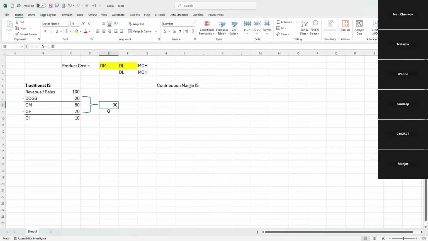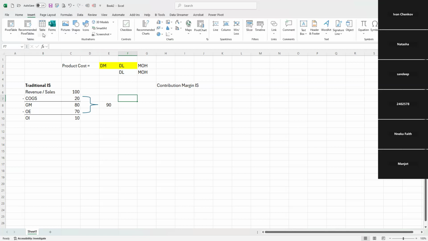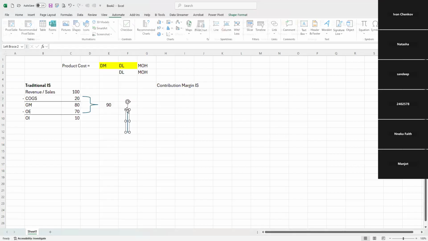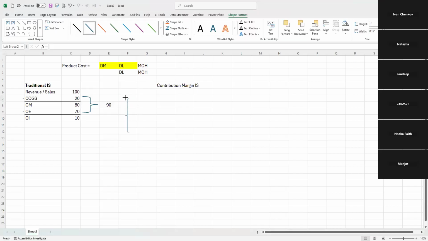Now, what I'm going to do with the 90, I'm going to pull this 90, and I'm going to split it only by two, based on how the costs behave. And those 90 of costs have only two options. Either they're going to behave as a variable cost, or they're going to behave as a fixed cost.